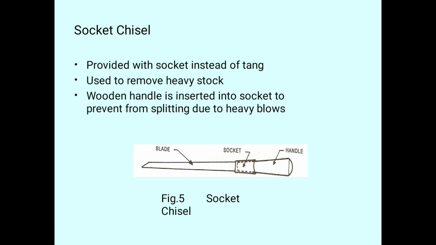Next, the wooden handle is inserted into the socket to prevent splitting due to heavy blows. Whenever we give heavy blows on the chisel, in some cases it may break. To prevent that, the wooden handle is inserted into the socket, so that we can prevent splitting due to the heavy blows.